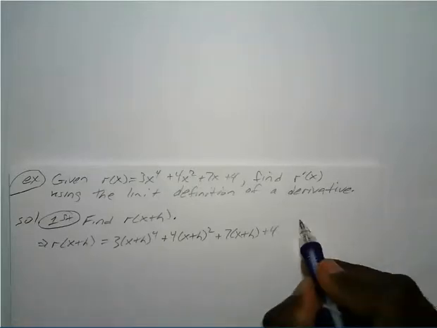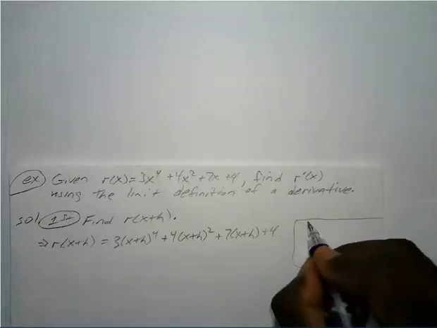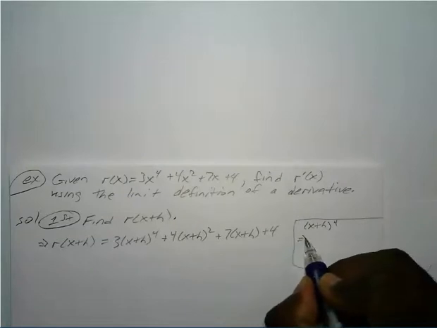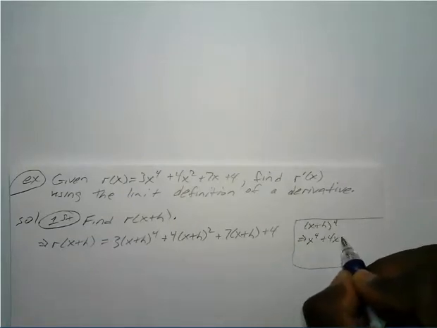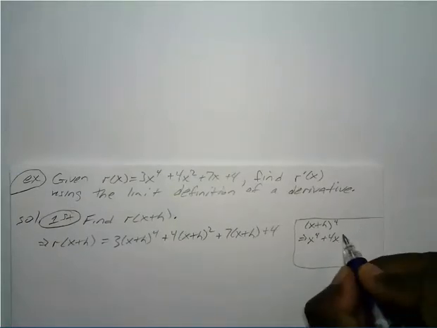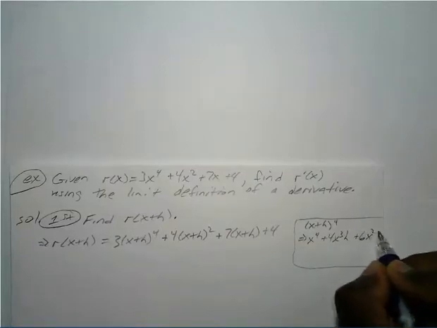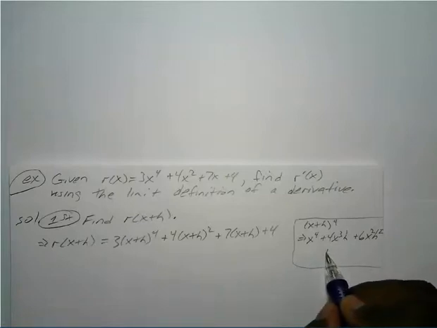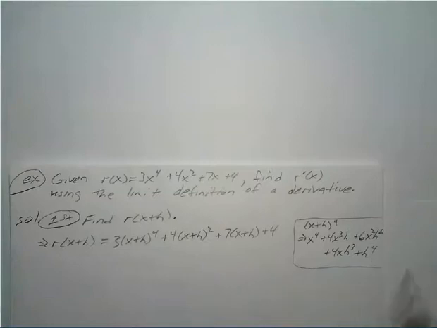We know that x plus h to the fourth will give us x to the fourth plus 4x to the third h plus 6x squared h squared plus 4x h to the third plus h to the fourth.